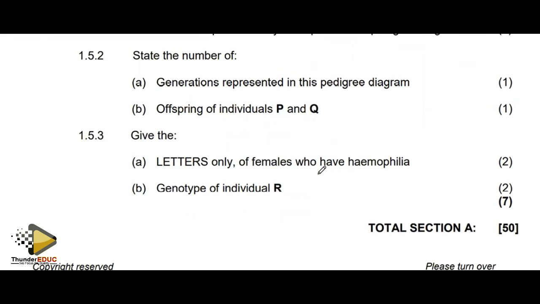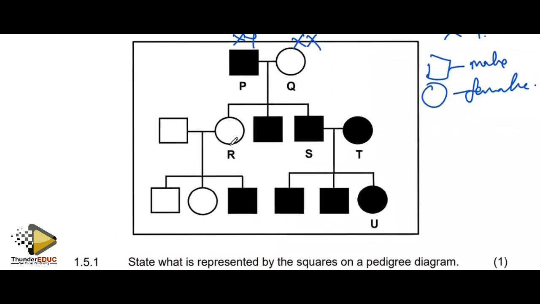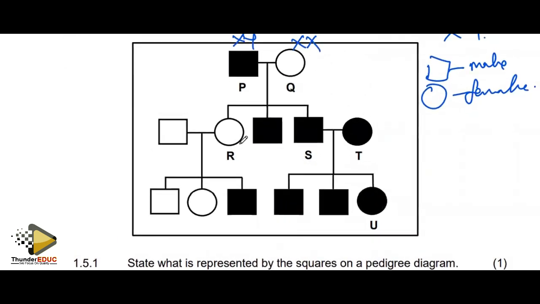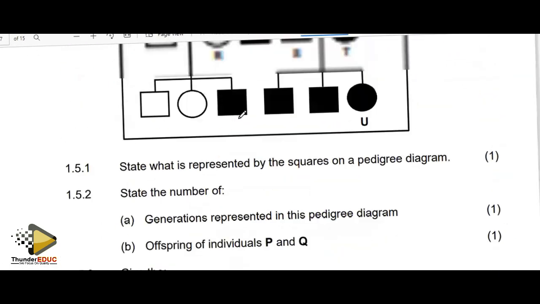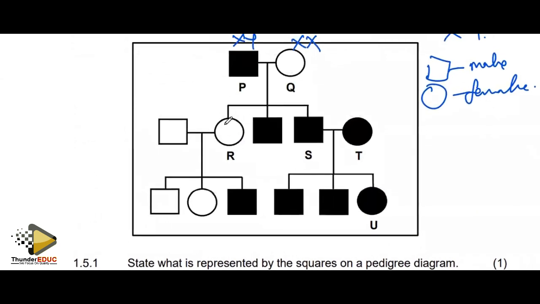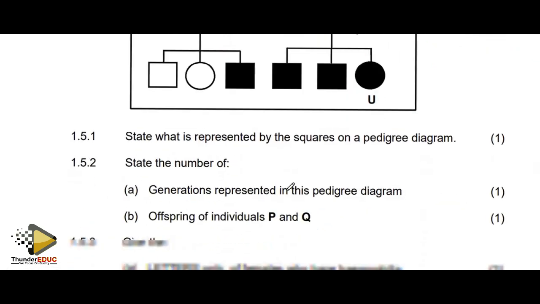Then give the genotype of R. Where is R? R is a female, but a female who came from a guy who had hemophilia. So it means that she is heterozygous. This one and this one gave rise to a baby who is sick with hemophilia, so the lady is heterozygous.